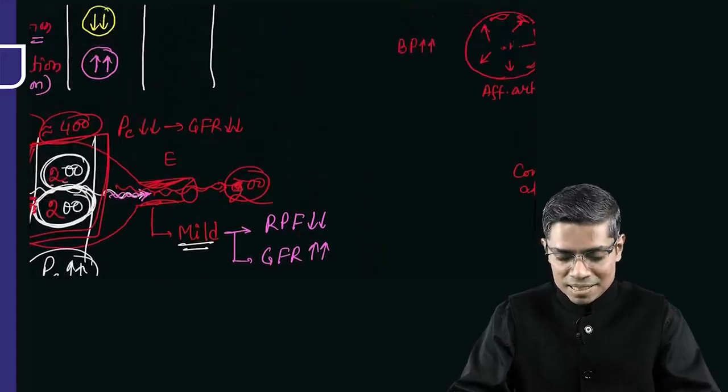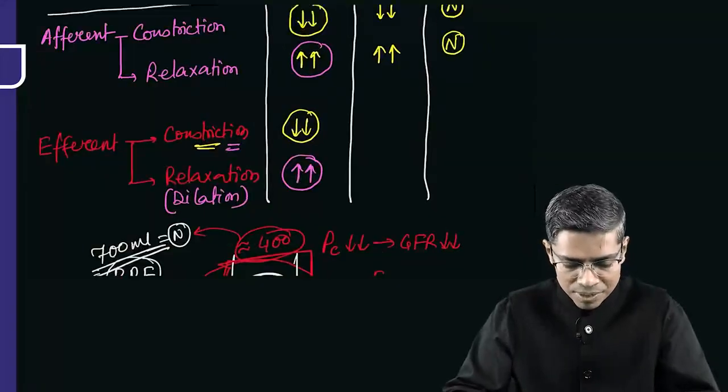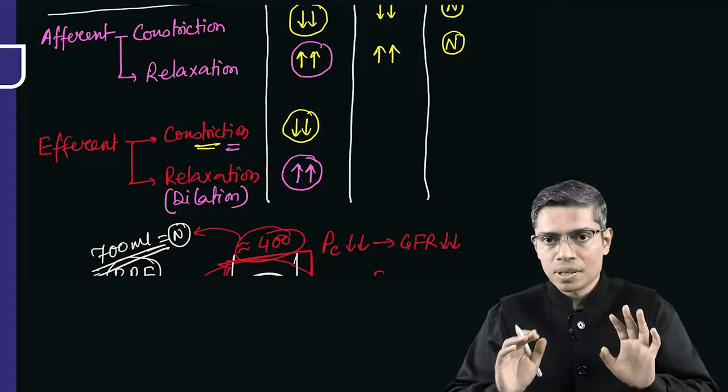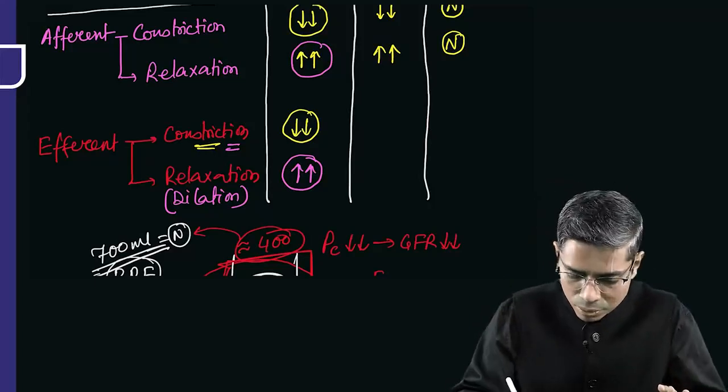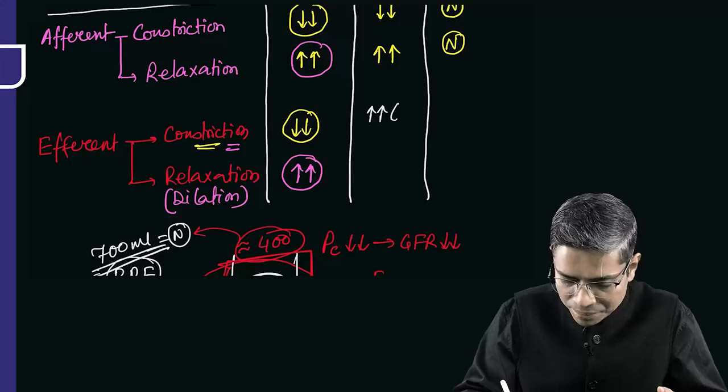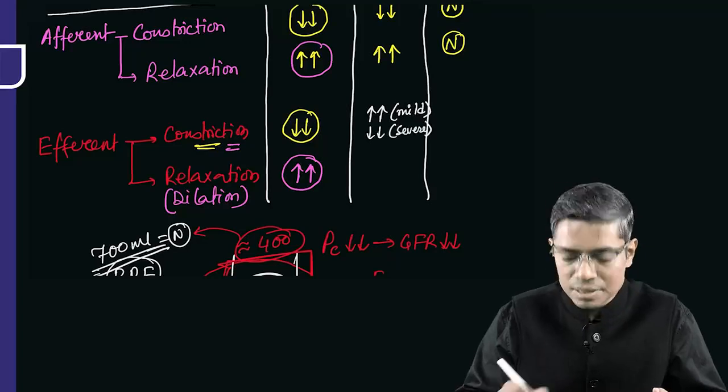So the bottom line is that with constriction of the efferent arteriole, the renal plasma flow will always reduce, but GFR will increase initially when the constriction is mild, then GFR will reduce when the constriction is severe.